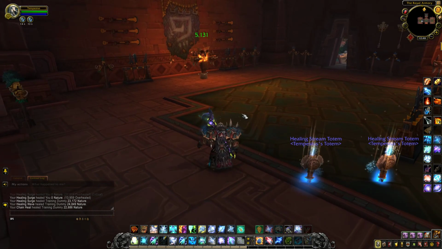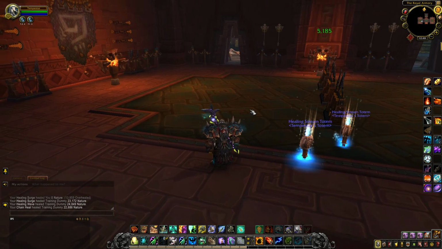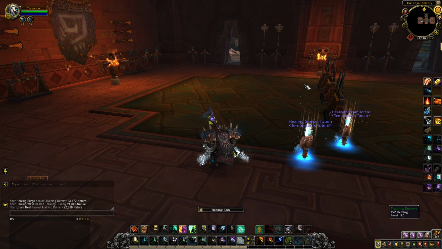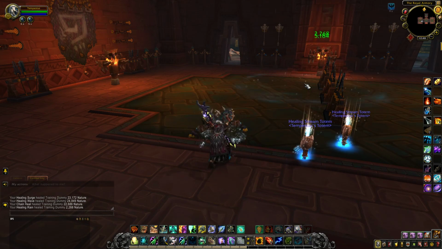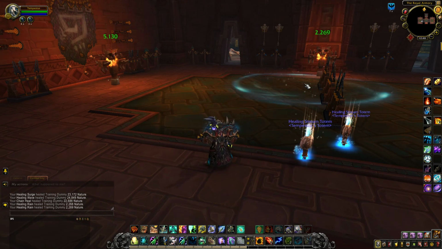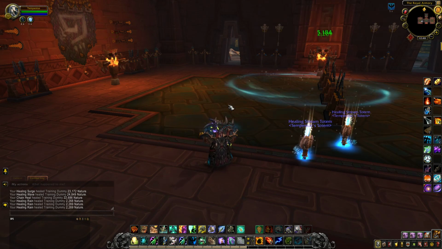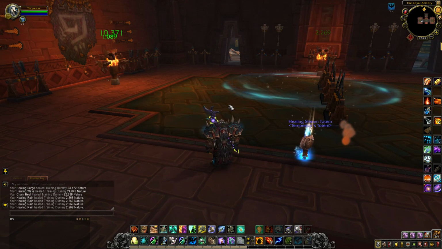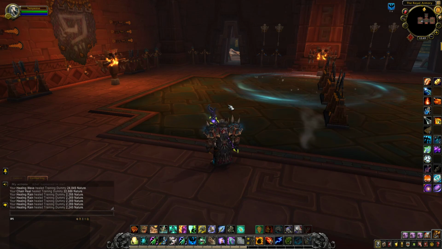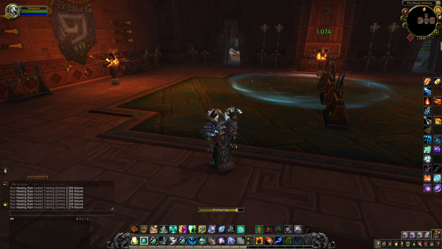So you have to keep this in mind when healing, that actually you get the most out of your spells when you are healing people who are lower on health. And that means that you can also get much more mana efficiency from your spells by waiting until your target is a bit lower on health rather than just healing them immediately after they lose some health.